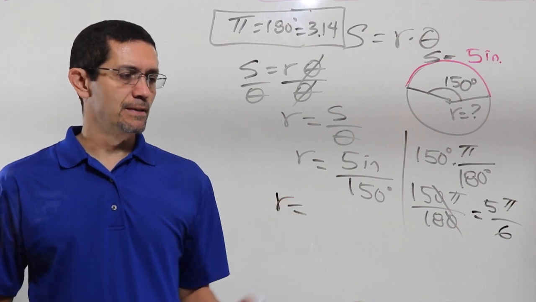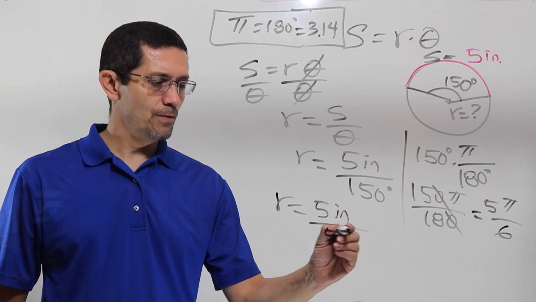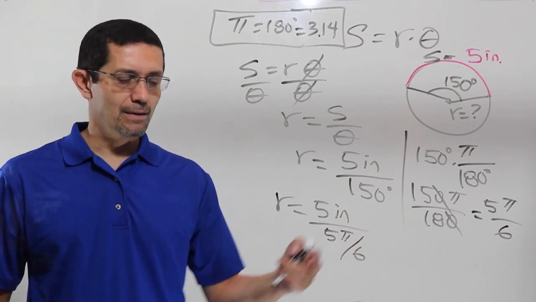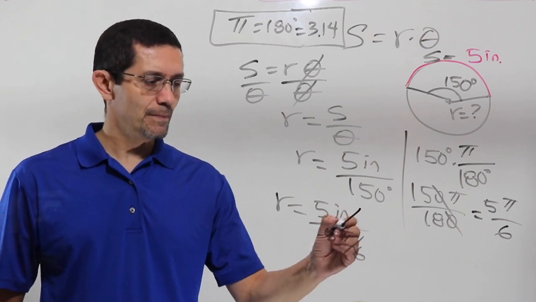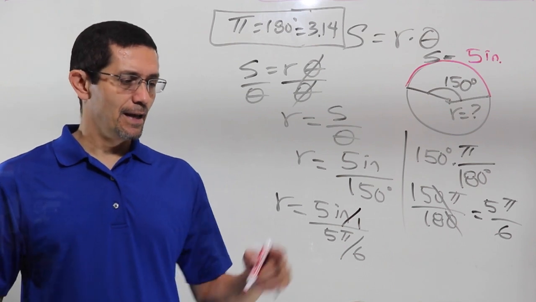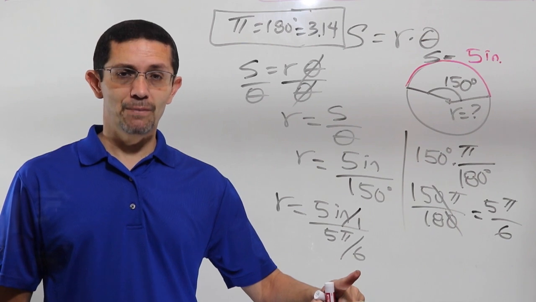So let's replace it. 5 inches over 5 pi over 6. And now I have this division of fractions. How can I divide 2 fractions easily? I take the very first number, which is the 5 inches, times the very last number.